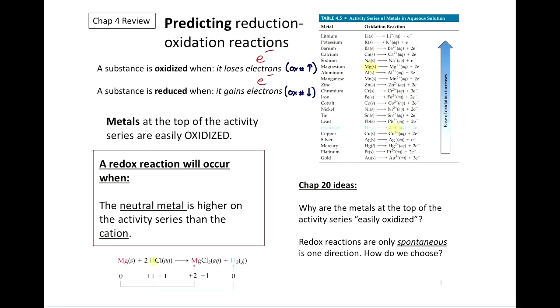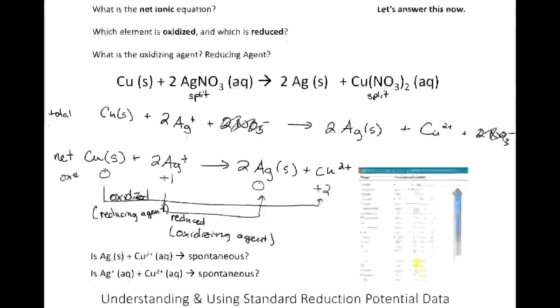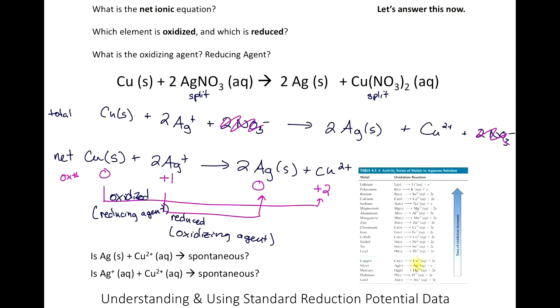And when cell potential is set up in such a way where it's positive, a spontaneous redox reaction occurs. So we're kind of expanding on this idea, but it's still the same exact thing. You can calculate the cell potential produced by any one of these reactions using our standard reduction table, which I'll introduce in a little bit.